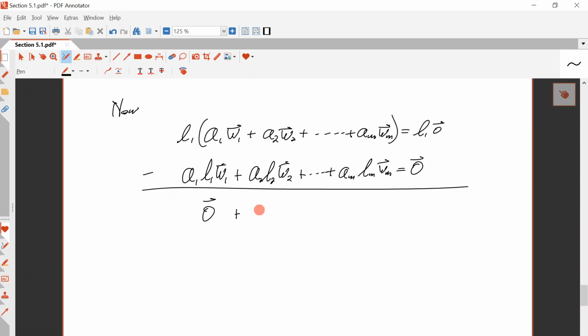Plus this is going to be A2 times L1 minus L2 times W2. Plus this here is going to be AM times L1 minus LM WM. That's going to be equal to 0.